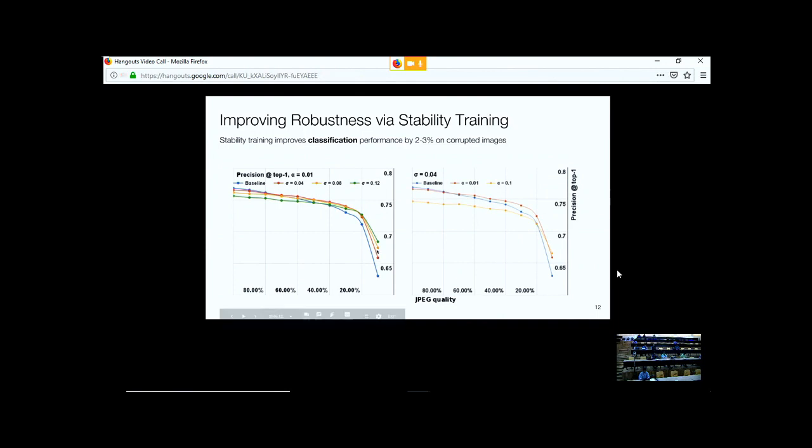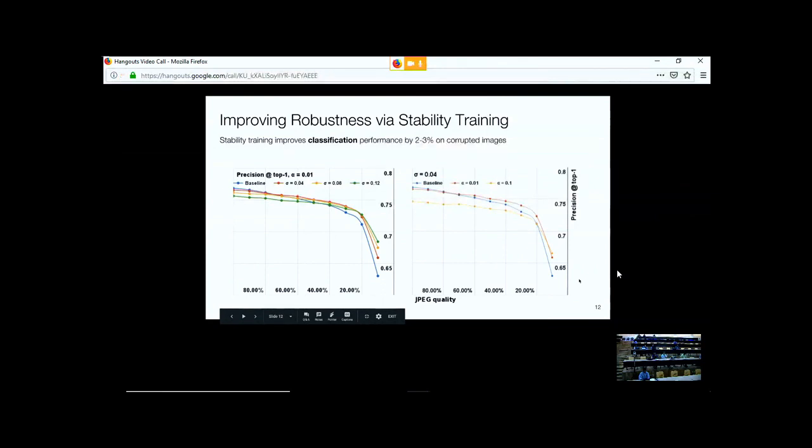For instance, the difference between the green and the blue line is around 5% on these low quality images. Similarly, if we vary the loss coefficient alpha in front of the stability training loss term, we see a much more graceful decline towards the low quality images.